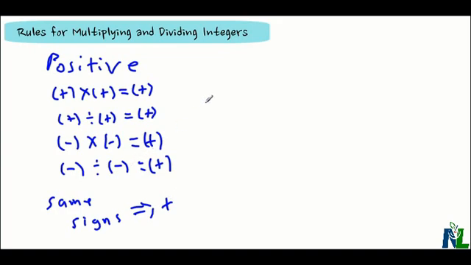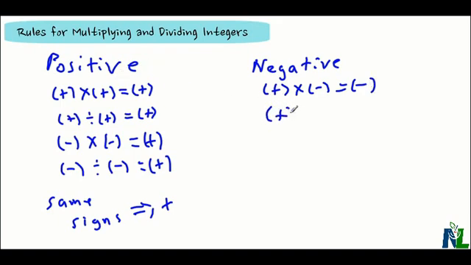So when do we get negatives? Well, you probably remember when we had a positive and a negative multiplied together, the answer always came out to be negative. Or if we did the same thing with division, positive divided by a negative came out to be negative.